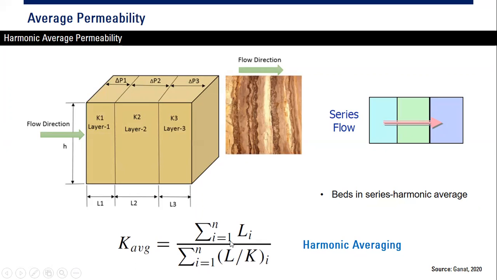Okay, so at the top, at the numerator, we have L1 plus L2 plus L3. And for the denominator, we add L per K for layer 1, L per K for layer 2, L per K for layer 3, we add them, and finally we divide. Then we have harmonic averaging.